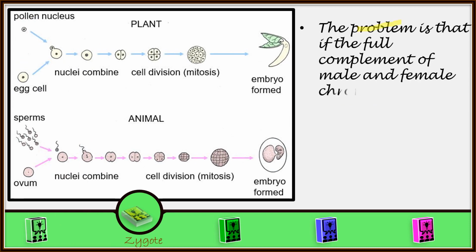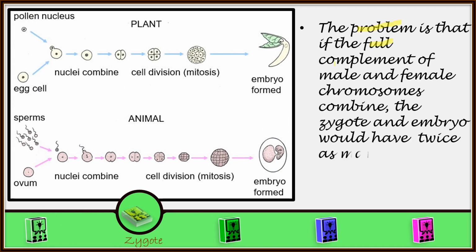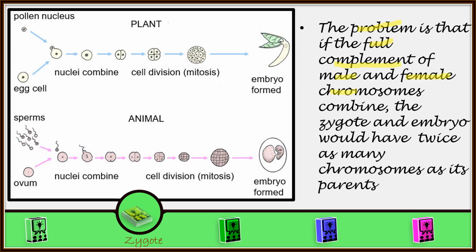The problem is that when the full complement of the male and the female chromosomes combine, the zygote and the embryo would have twice as many chromosomes as its parent. For example, in animals, a full animal has got 46 chromosomes.